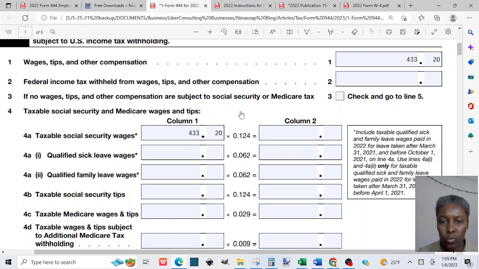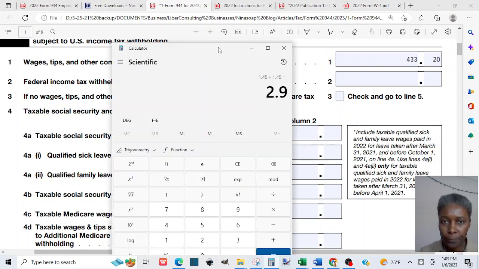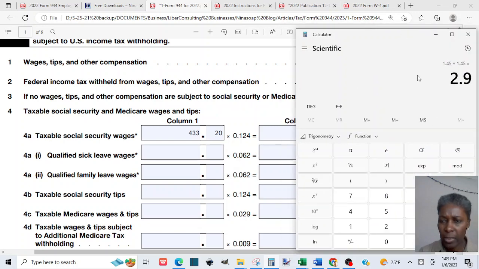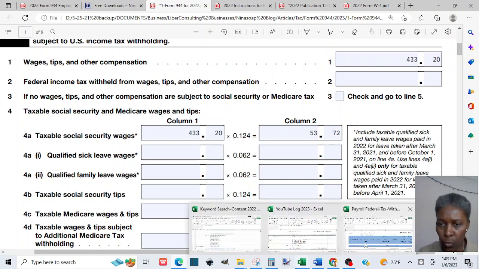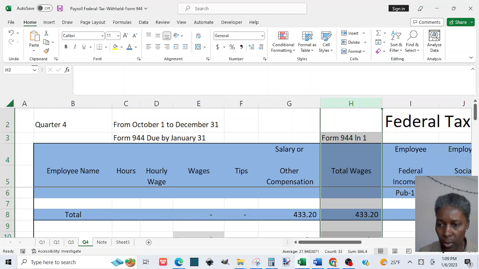That amount you will multiply by 0.124, the employee and the employer portions of Social Security. So we can pull our calculator here, and we have 433.20 times 0.124. That will give you 53.72. And you can check that with your payroll spreadsheet as well.